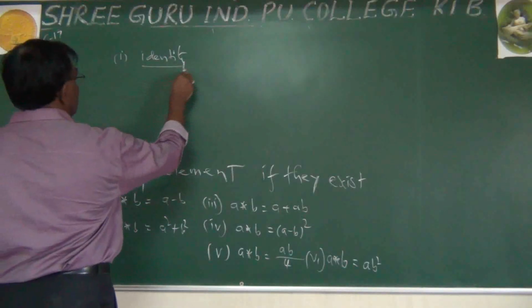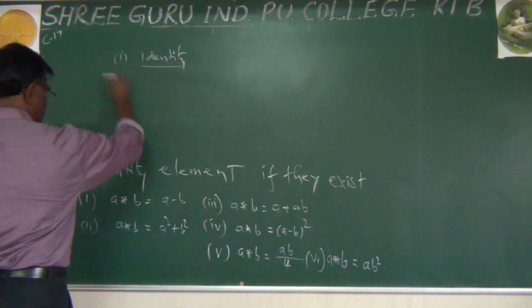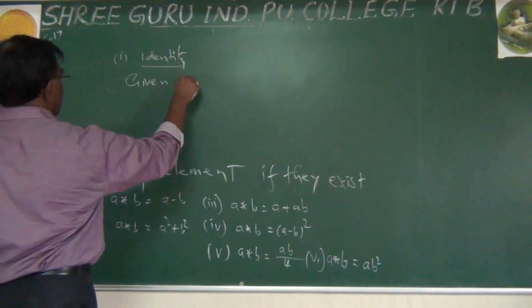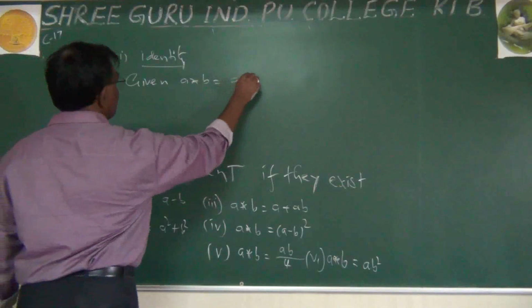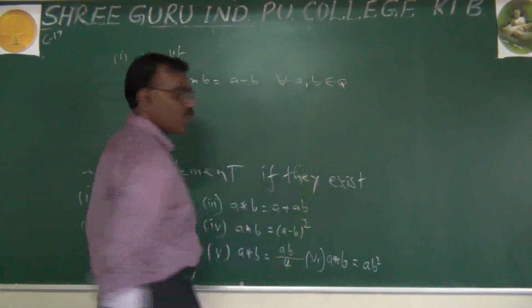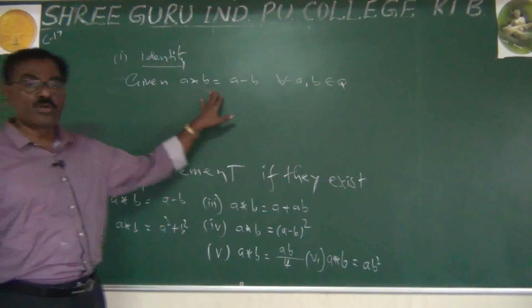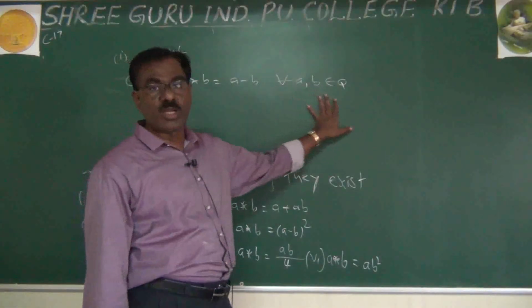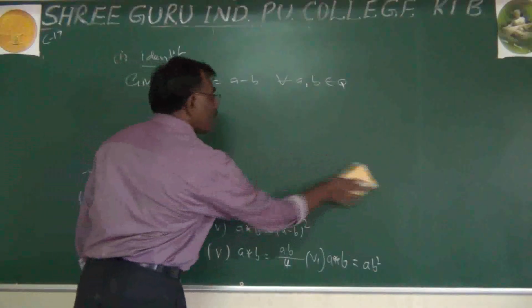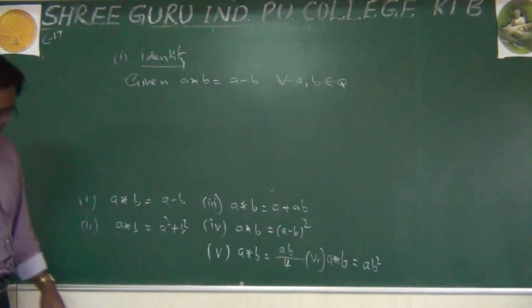A star B equals A minus B, for all A, B belonging to Q. This is the given.